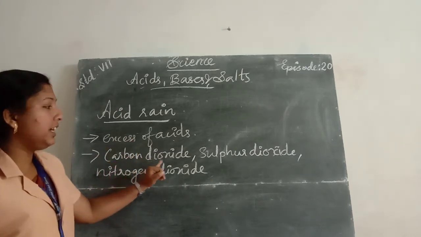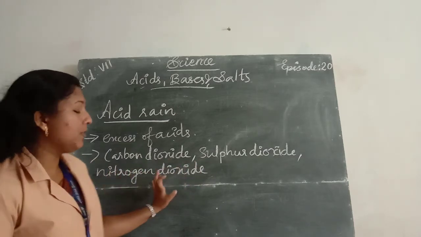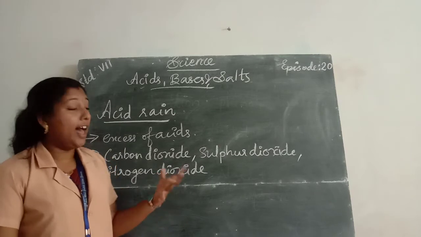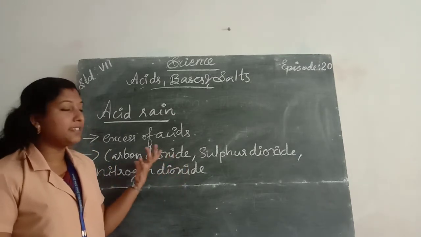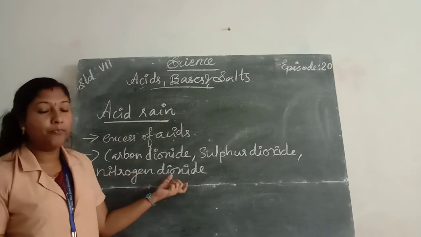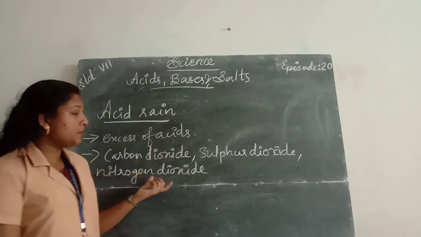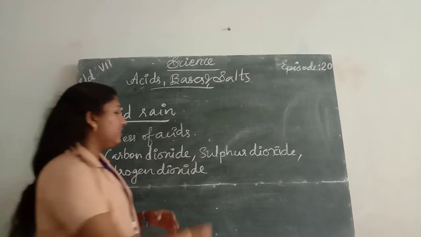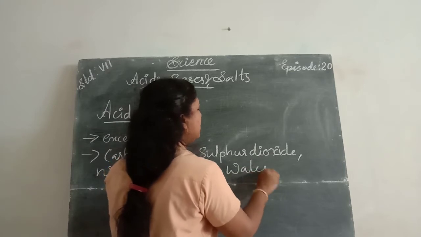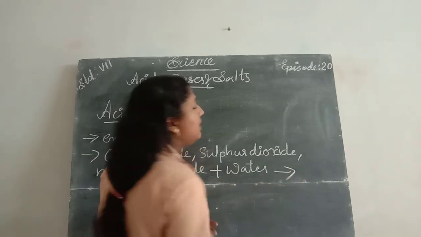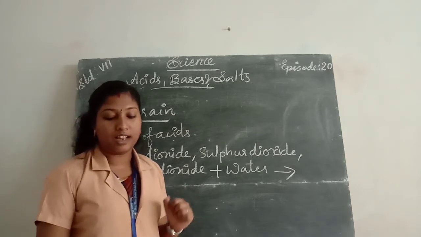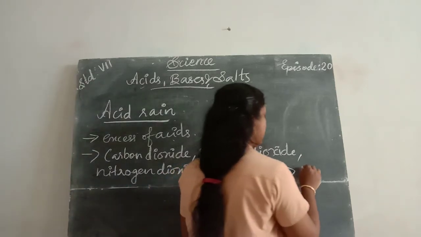These pollutants, released in the air, dissolve in rainwater and form carbonic acid, sulfuric acid and nitric acid.